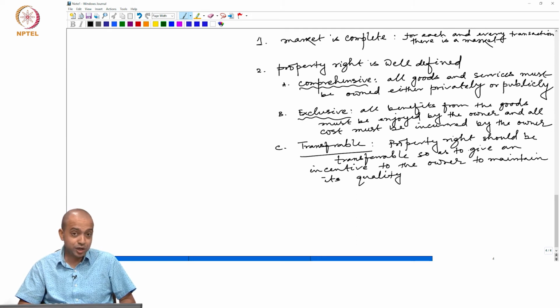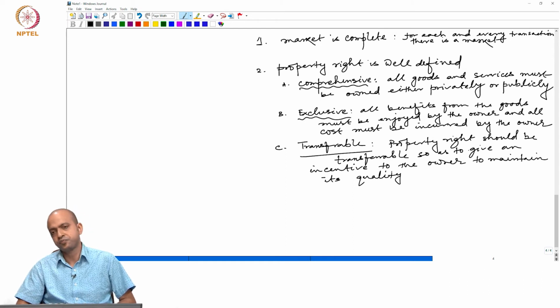But then the question will come, if I am the owner of the property, then that should always be transferable, no? Is there any property on which the right is non-transferable? Can you think of? Yes, there are properties which are non-transferable.